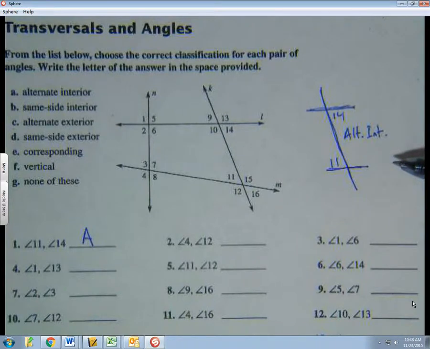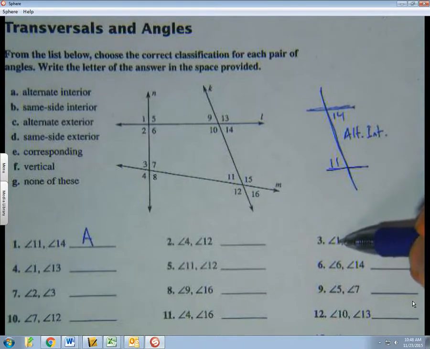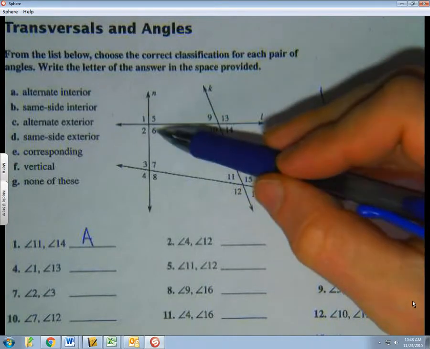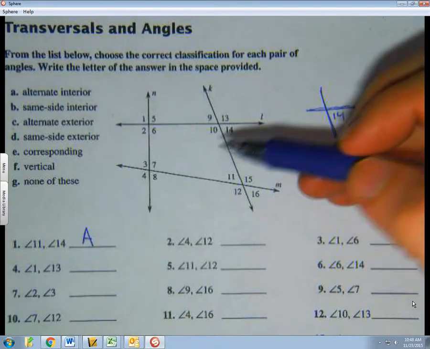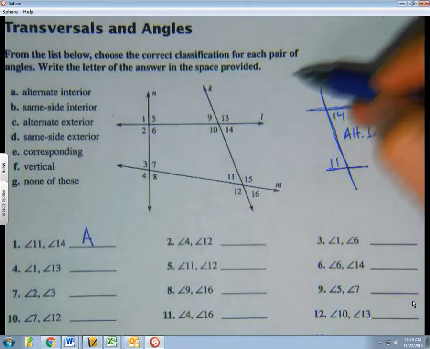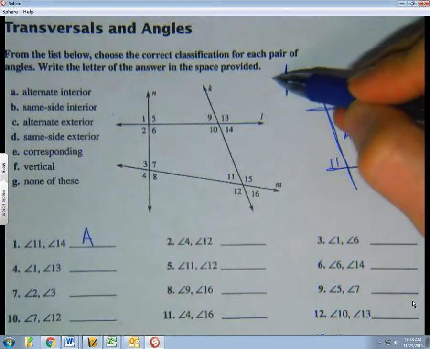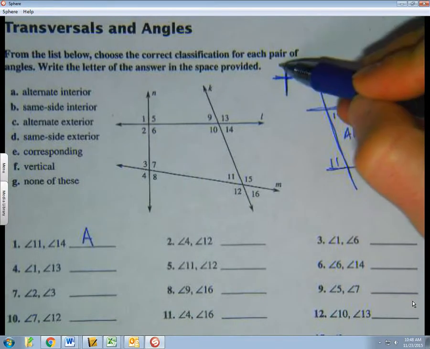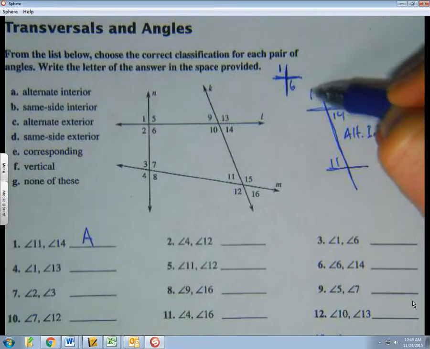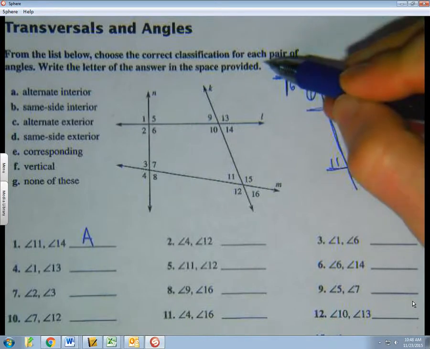Let's look at another one. So 1 and 6. Well, it's right here. So let's go ahead and draw that, or sketch it. Here's 1. Here's about 1. This is 3. 1 and 6.